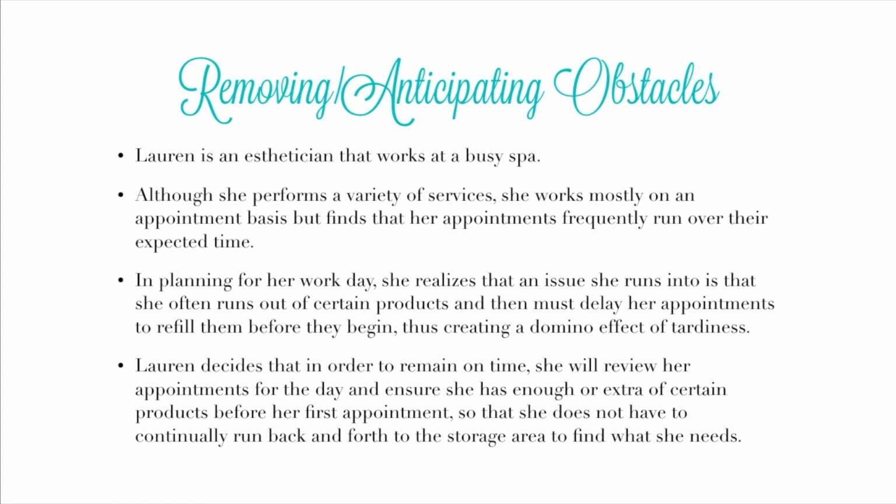In planning for her workday, she realizes that an issue she runs into is that she often runs out of certain products and then must delay her appointments to refill them before they begin, thus creating a domino effect of tardiness. Lauren decides that in order to remain on time, she will review her appointments for the day and ensure she has enough or extra of certain products before her first appointment, so that she does not have to continually run back and forth to the storage area to find what she needs.